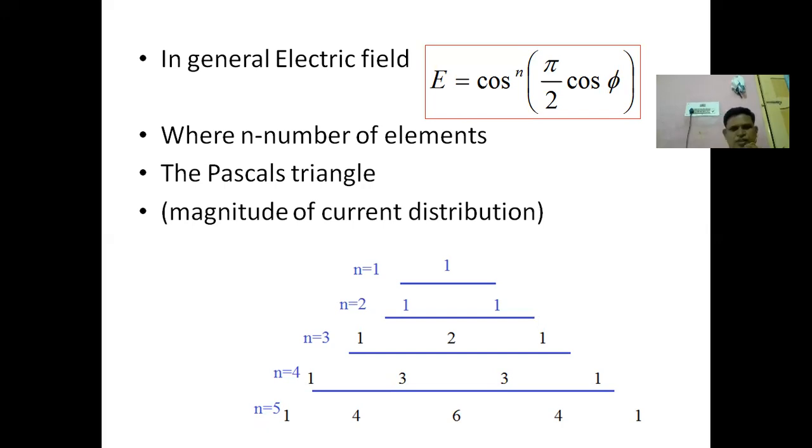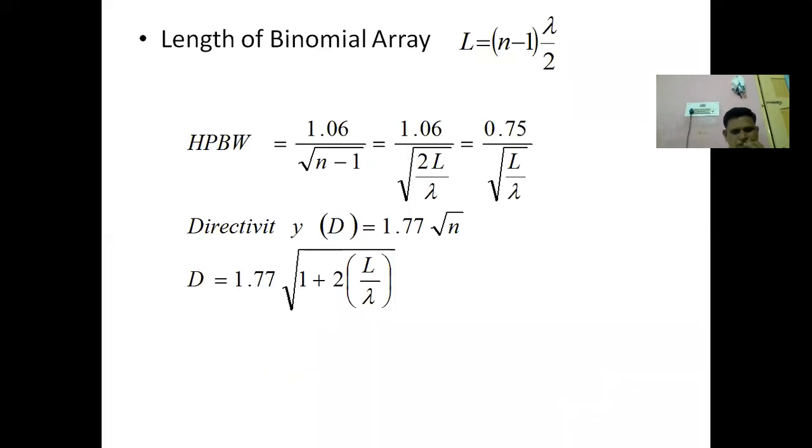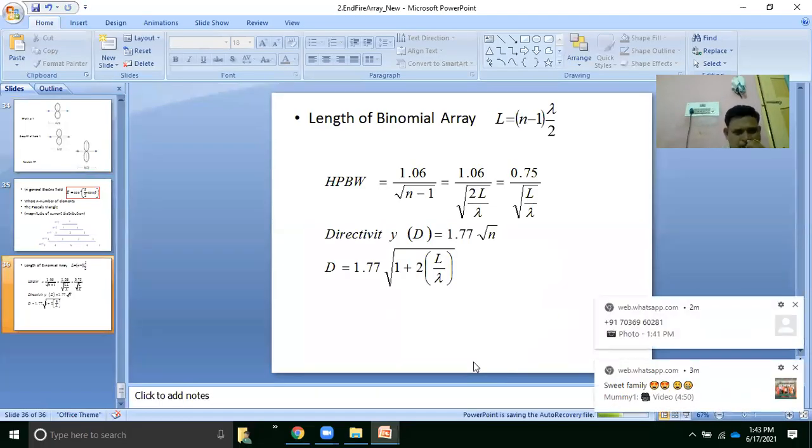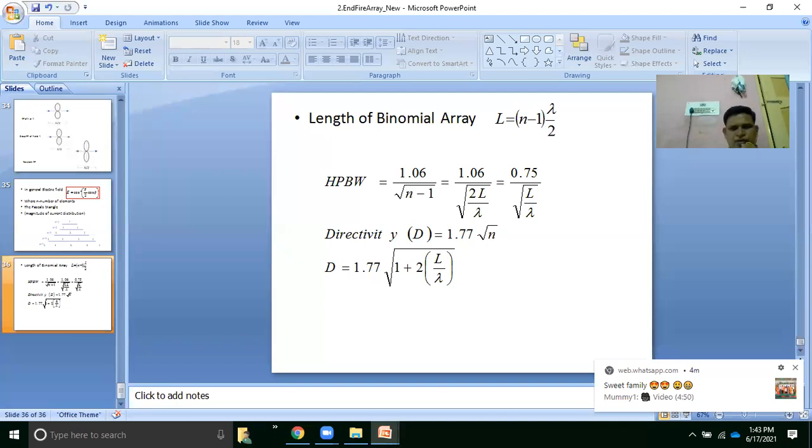At the last class you have seen this Pascal's triangle also. Here you have to remember these 3 formulas. One is the length of the binomial array, this is the equation. The other ones are the half power beamwidth and the directivity. This is about antenna arrays. In antenna arrays we have studied broadside array, end fire array, pattern multiplication, and enhanced directivity using the Hansen-Woodyard end fire array.